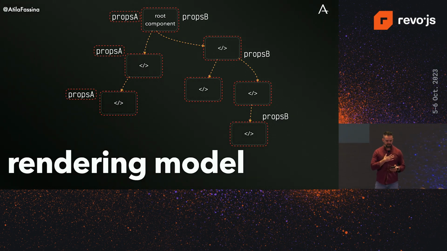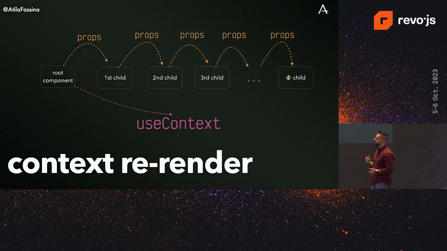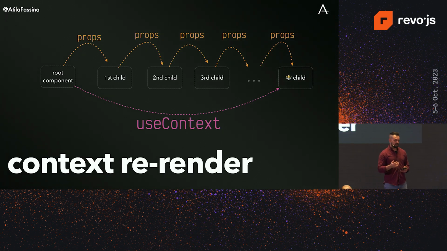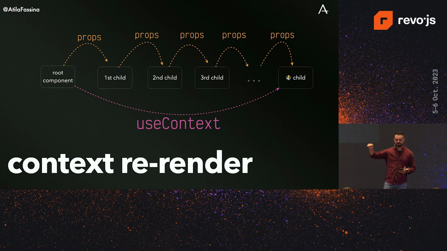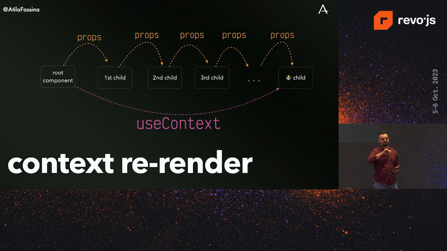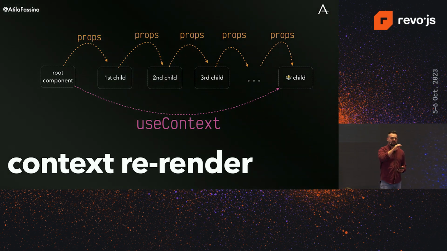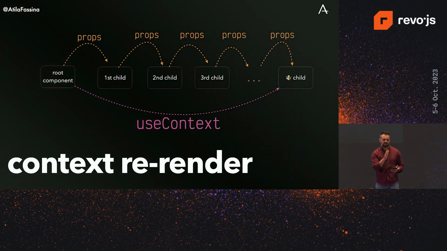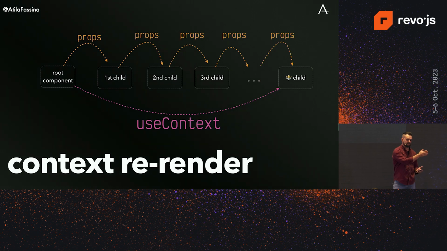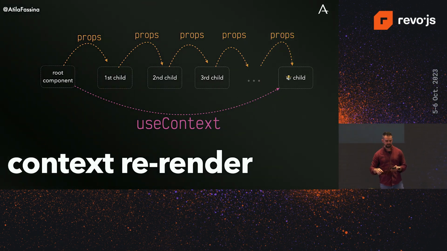In my experience, things get a little bit fuzzy when we start using context, because of this relationship of chaining the props, or prop drilling, more precisely. When we use context to avoid that, the relationship between the parent that has the prop and the child that's using the prop is not quite clear sometimes.